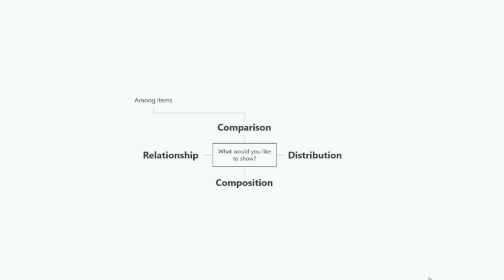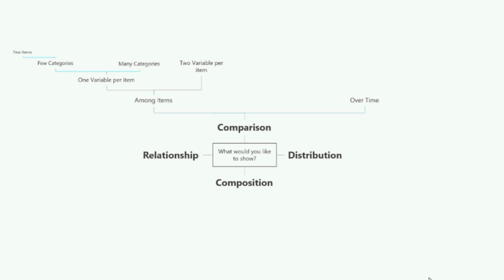Let's start with the first, comparison. Inside comparison, there are two things that we usually compare: either items, or time. First, items. There are two types, depending on a single variable or on two variables. For a single variable, there are few categories and then many categories.